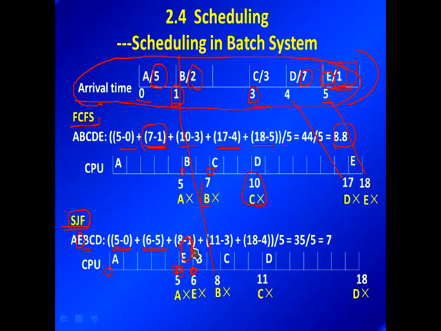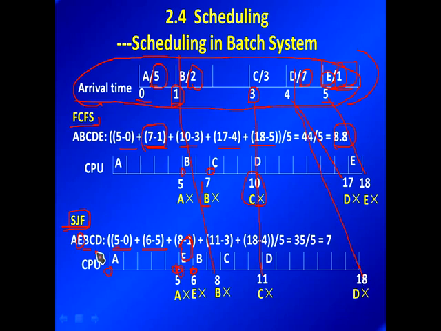It might be a little bit messy, but I just need to draw the line between the matched values. So for job B, its turnaround time is 7, and for job C, its completion time is 11 and its submission time is 3. So the turnaround time for job C is 8, and the turnaround time for job D is 14.